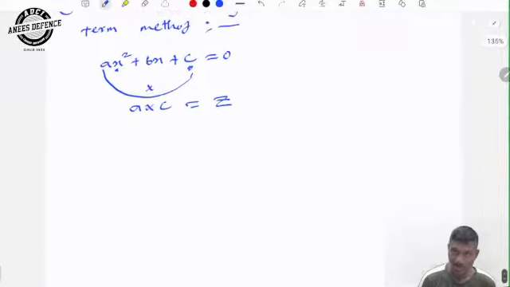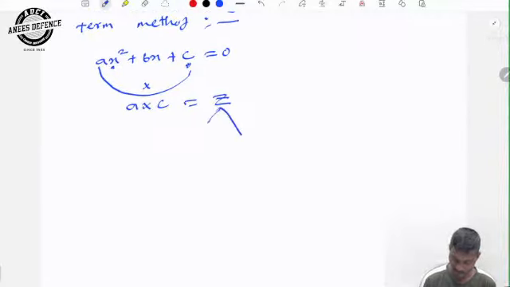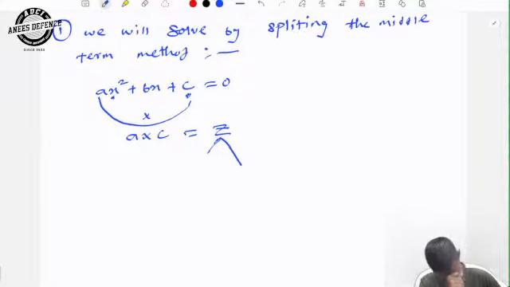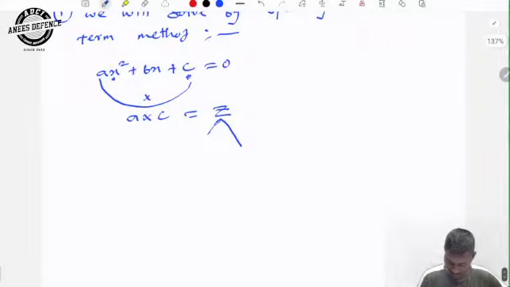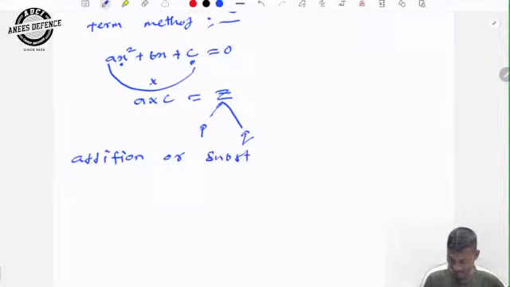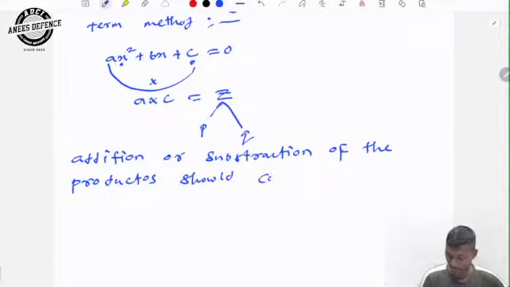From that product we have to split it such that the addition or the subtraction of the products should come equal to b.